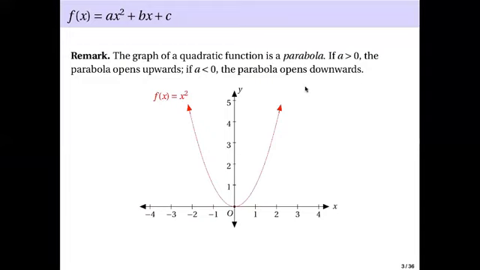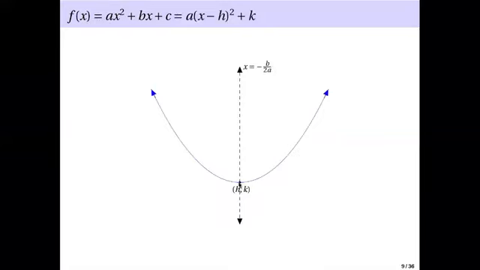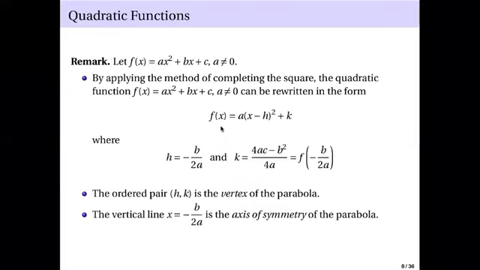Another important thing that we need to know from the quadratic function is the vertex and the axis of symmetry. The vertex can be calculated using this formula: h equals negative b over 2a, and k equals 4ac minus b squared over 4a.